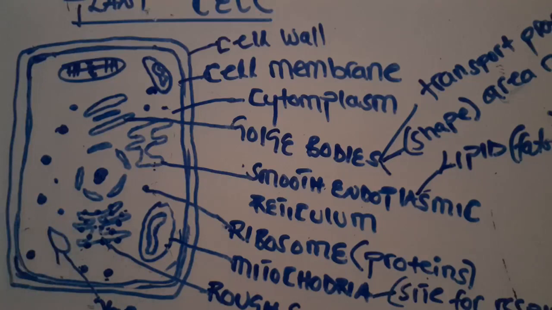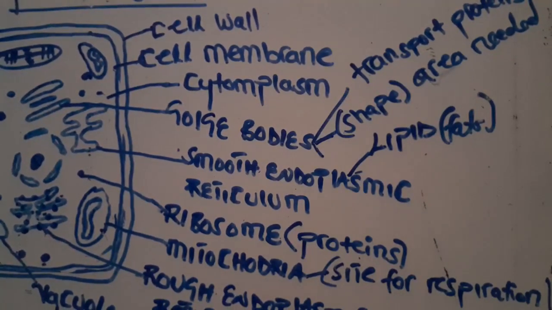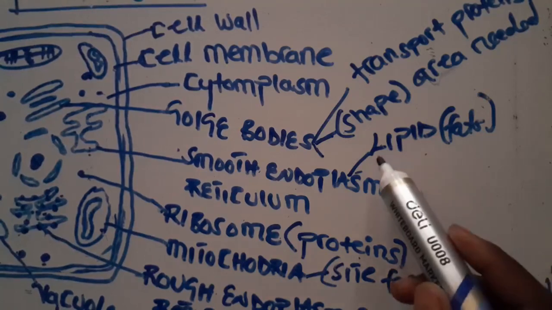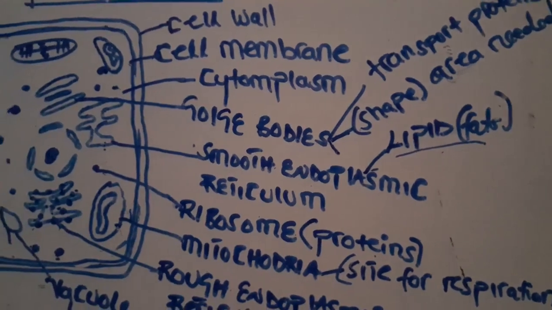So this smooth endoplasmic reticulum doesn't have ribosomes, but they produce what are called lipids. These lipids are fats, and one of the functions of fats is that they act as insulators. In other words, they produce heat.